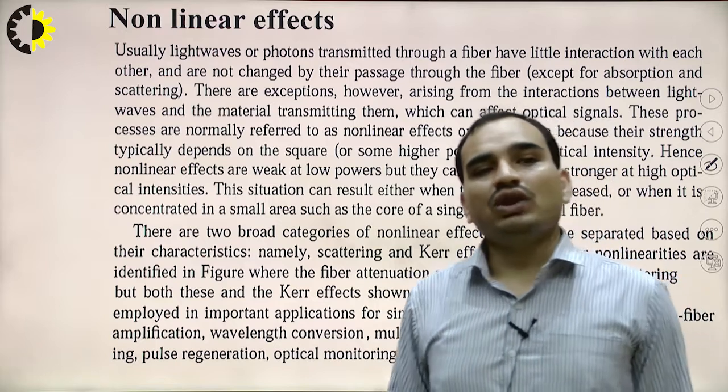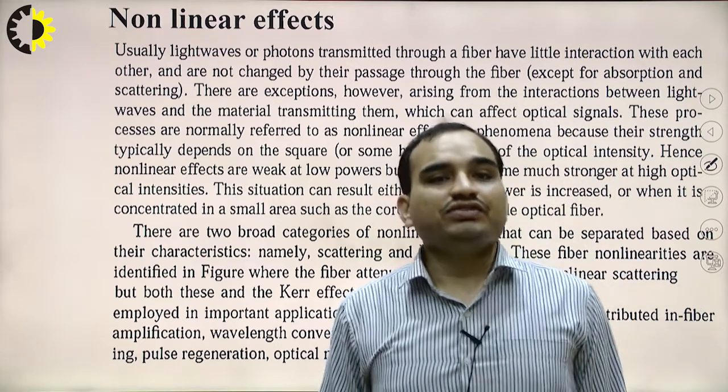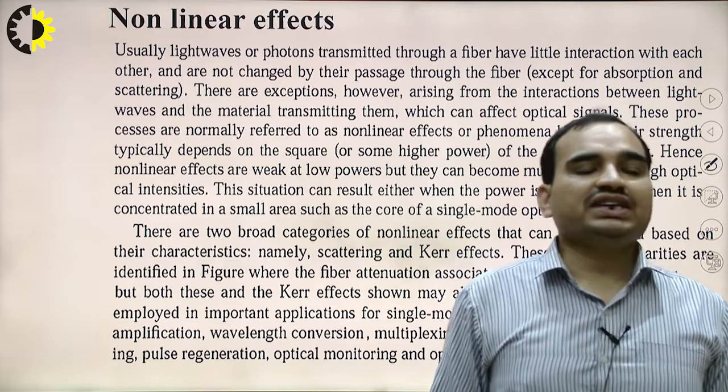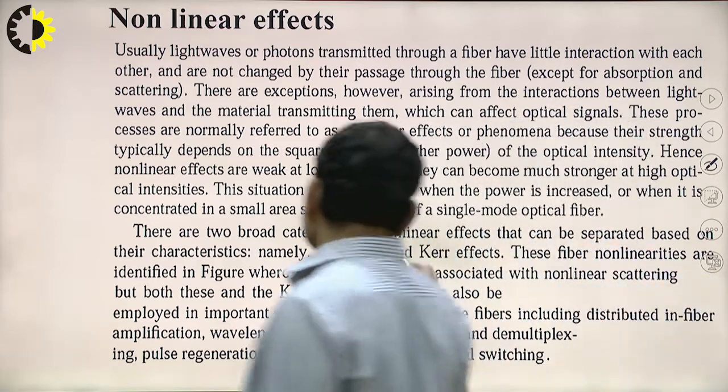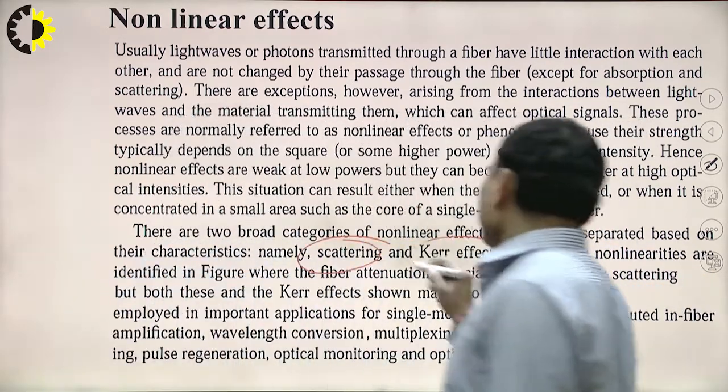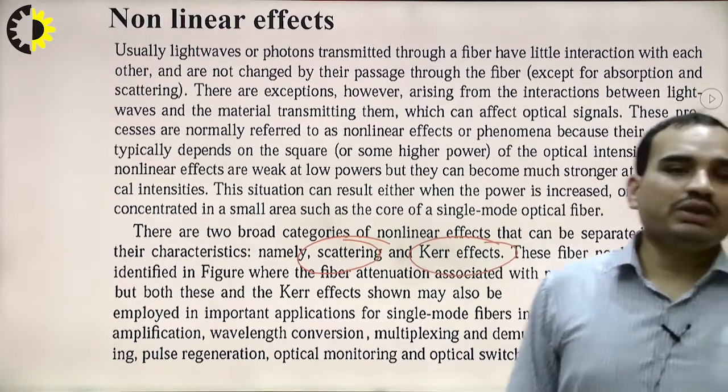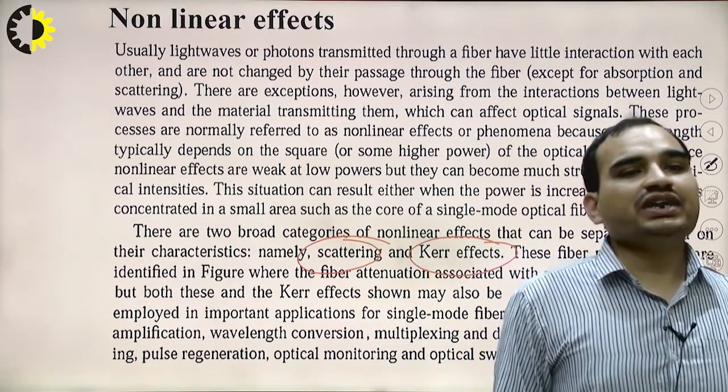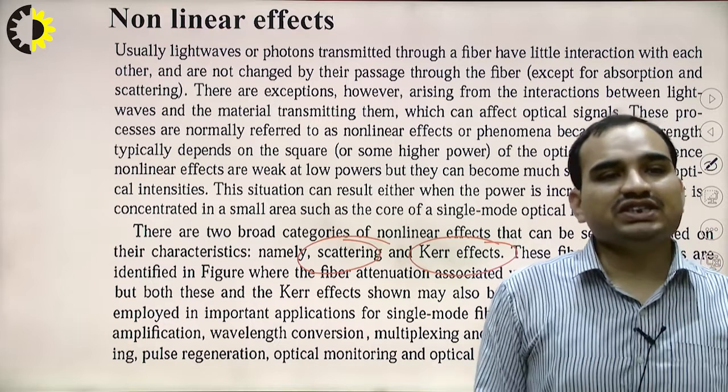There are two broad categories of nonlinear effects, separated based on their characteristics. One is scattering, which is also nonlinear, and the other is the Kerr effect. These fiber nonlinearities are identified in the figure, as we will discuss in the next slide.